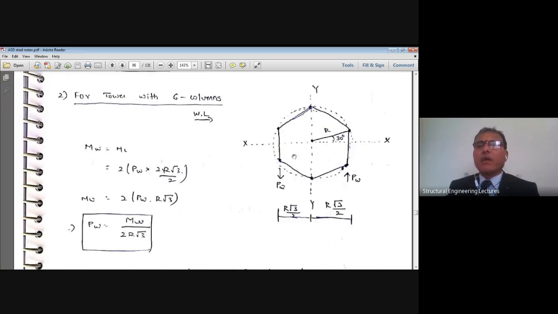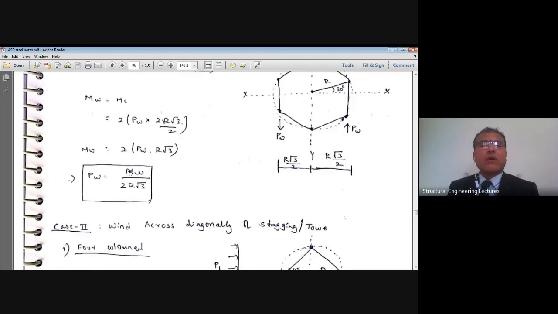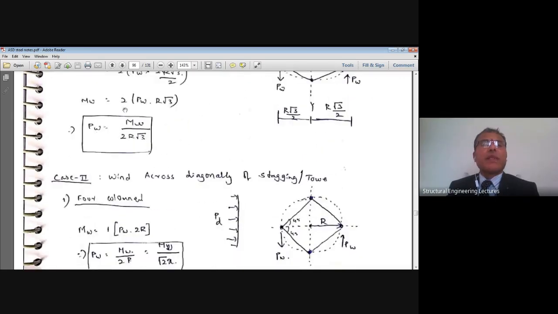This is how the two sets offer a resistance of PW with a distance between these two as 2r root 3 by 2, so that MW is equal to 2 PW multiplied by r root 3. Hence, the additional axial load due to wind is MW divided by 2r root 3.